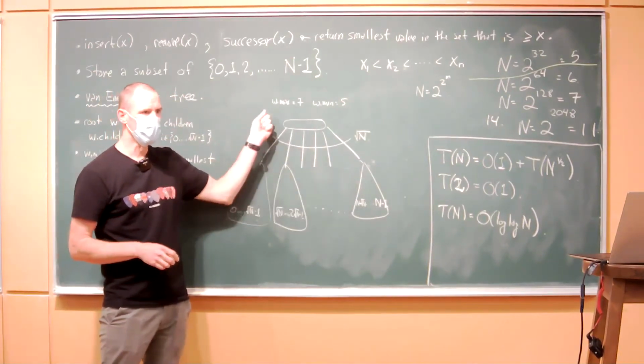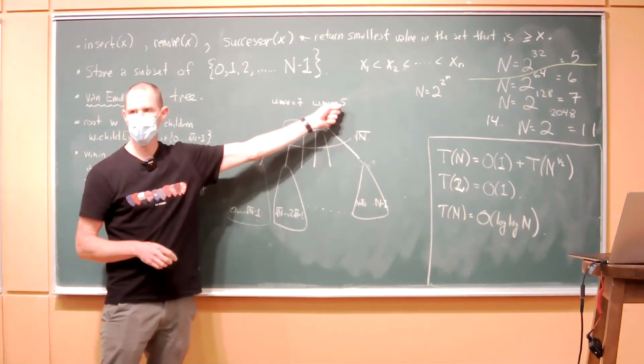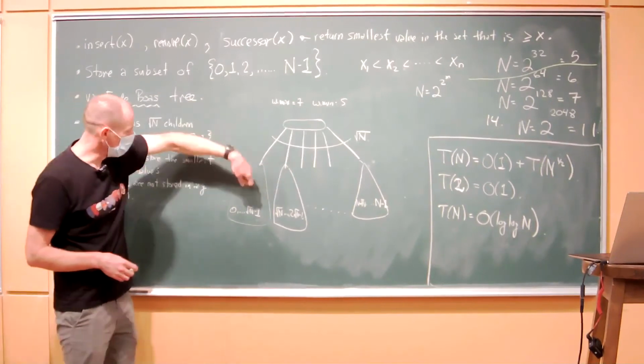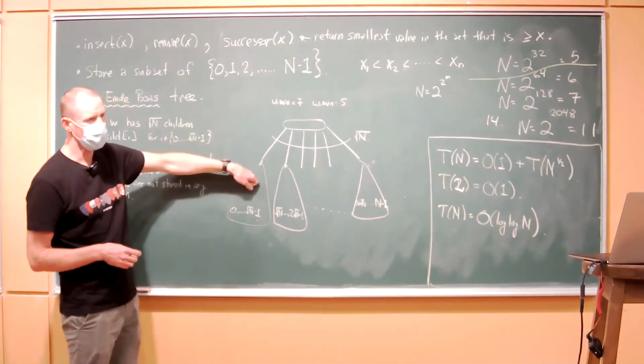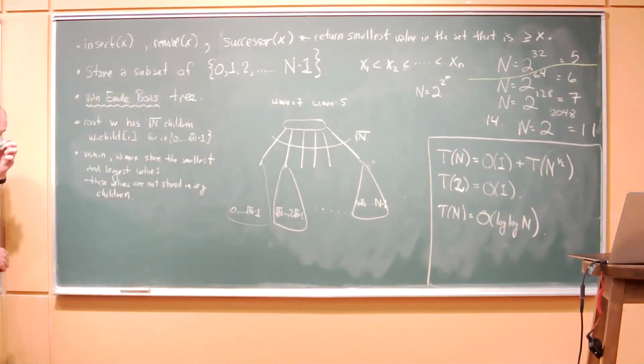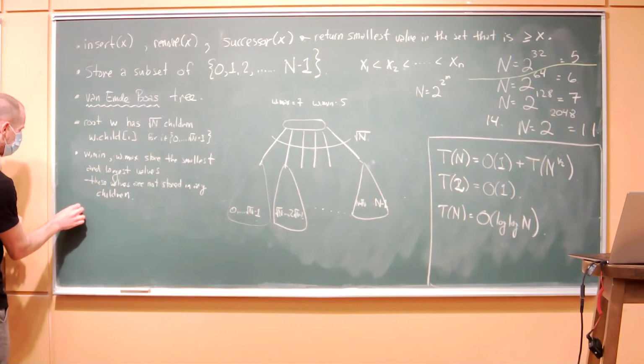That smallest value is only stored at the root, and the largest value is only stored at the root. It's not stored recursively. There is a tree here that should store the value 5 or the value 7, but it's not there. It's only stored at the root. Okay. Simple stuff.